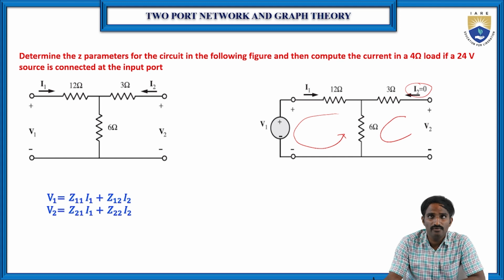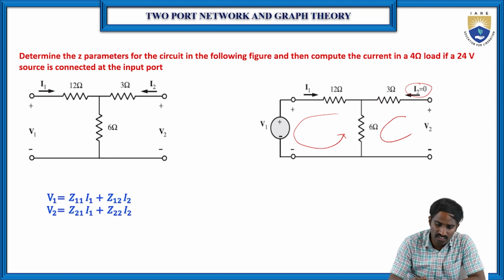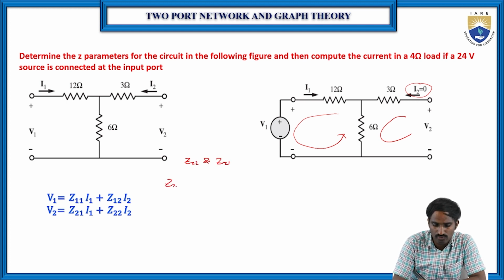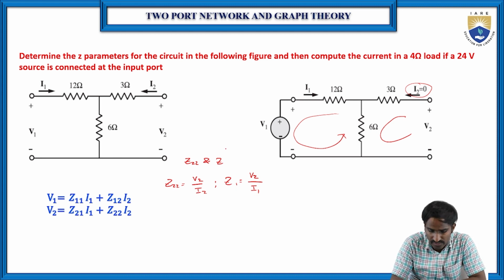The other two parameters that we can find are Z22 and Z12. Z22 is equal to V2 by I2. Sorry, not Z21, it is Z12 actually, because we have already calculated Z21.